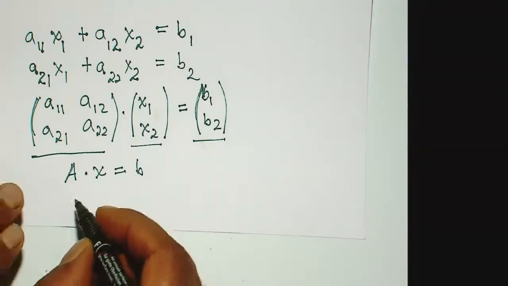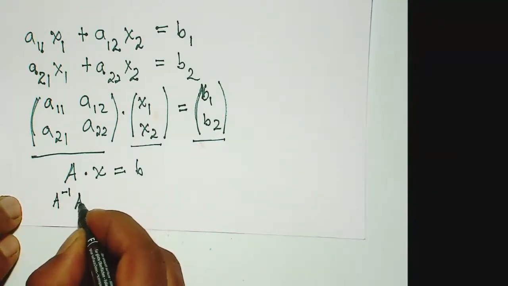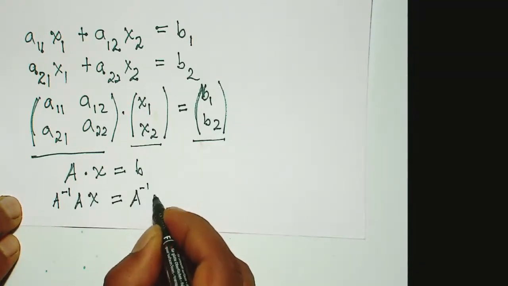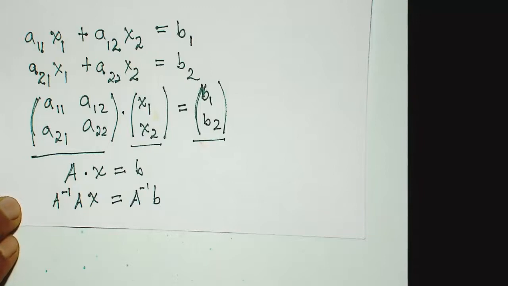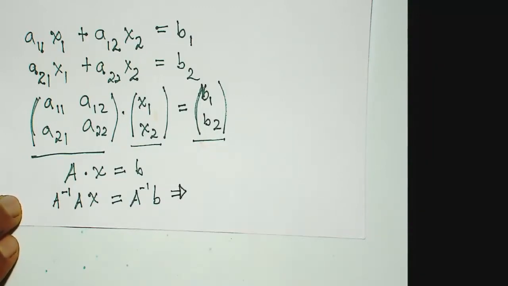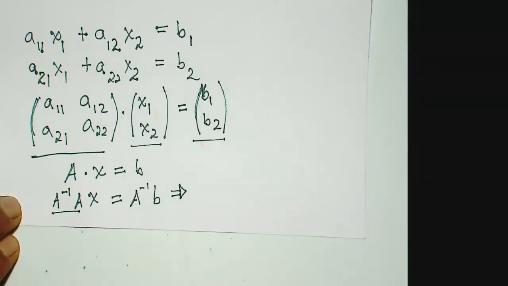So if I multiply the inverse of matrix A on both sides, I would have an equation which would look like this. Any matrix multiplied by its own inverse would give us 1. So A inverse multiplied by A would give me a positive 1 figure.